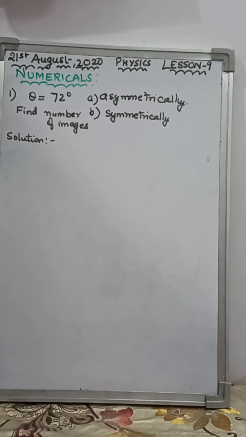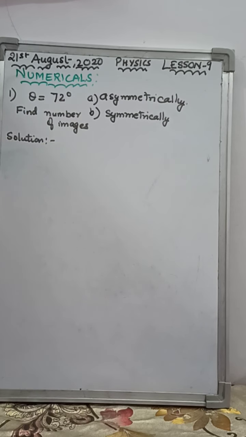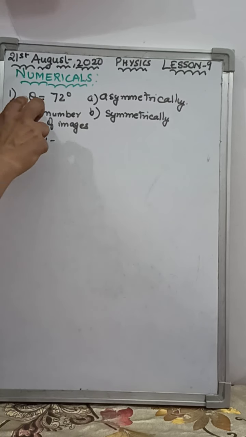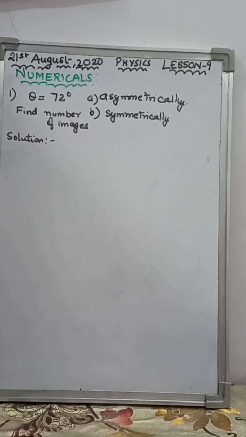Now let us do some numericals related to finding the number of images formed between two plane mirrors inclined at an angle of theta degree. Suppose a question is given that theta is 72, where theta means the angle between two plane mirrors.